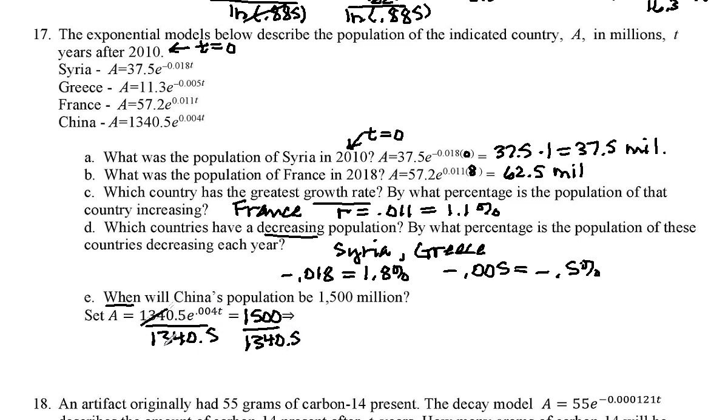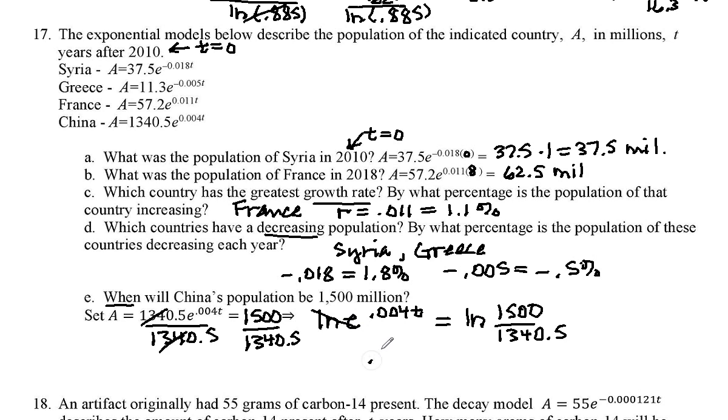And these all cancel. So we're left with e to the 0.004t is equal to 1,500 over 1340.5. We want to undo the exponential, and that's e, so we'll undo it with ln. So take ln on both sides. By the cancellation law for logs and exponentials, those cancel.